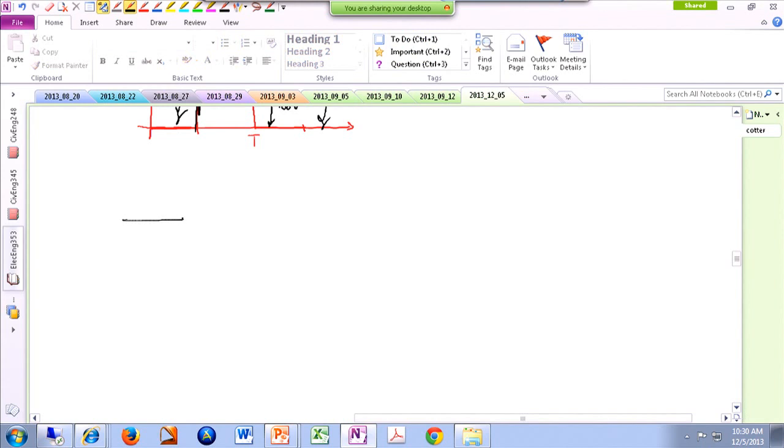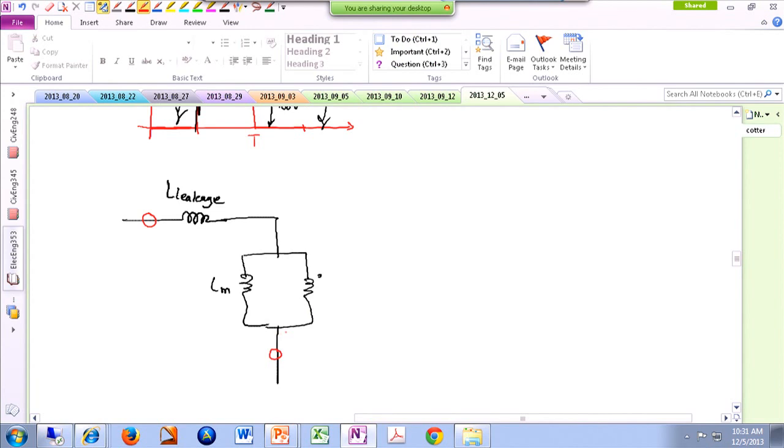So we have this leakage inductance, and this is your magnetizing inductance, and this is the primary side of your transformer. And remember, you don't really have access to any of these terminals. The only terminals that you have access to are here and here.